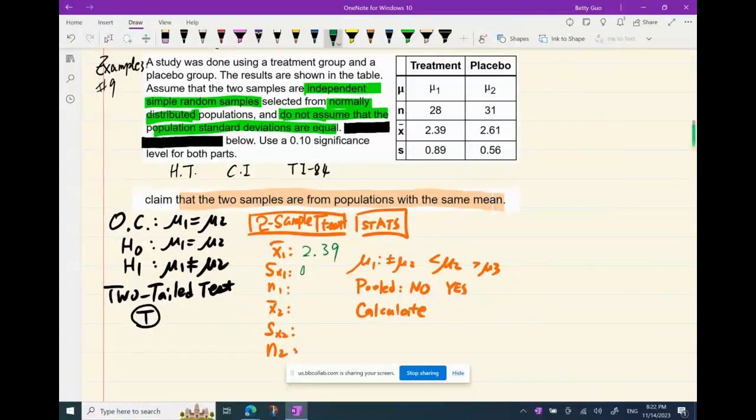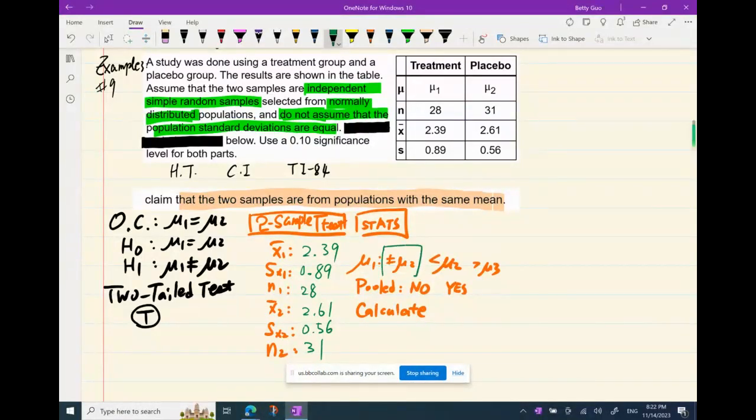Sample standard deviation for the first sample 0.89. Sample size 28. For the second sample, mean is 2.61. Standard deviation is 0.56. Sample size is 31. And it's a two-tail test, right?